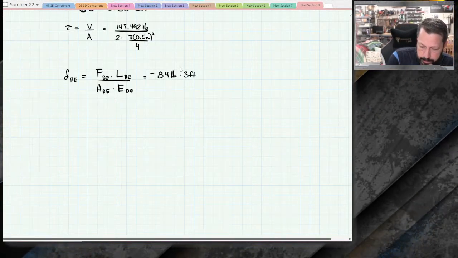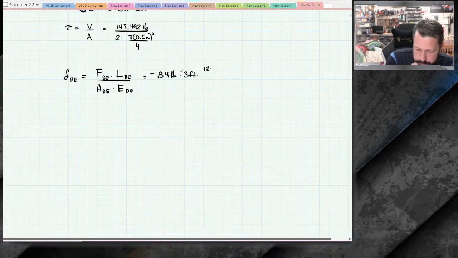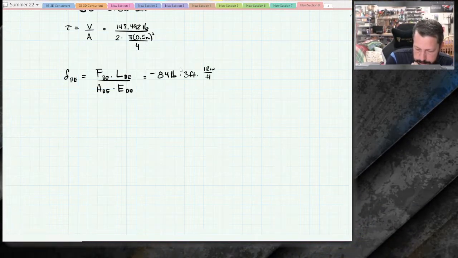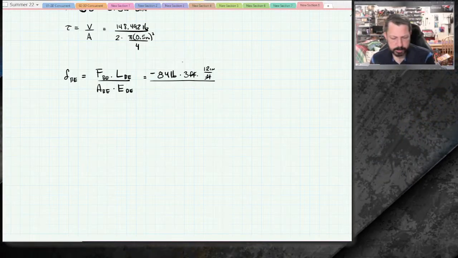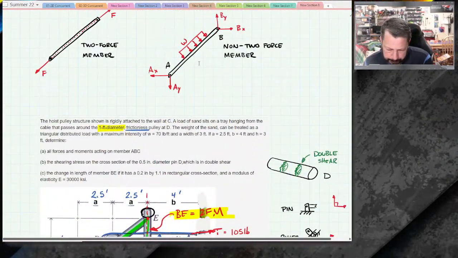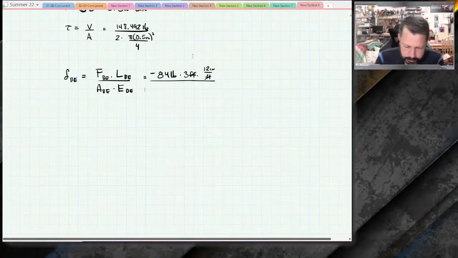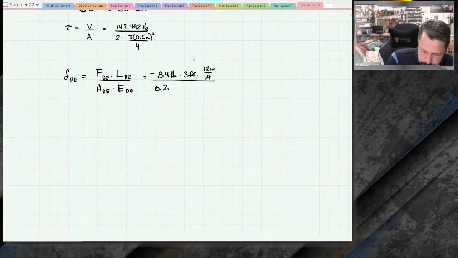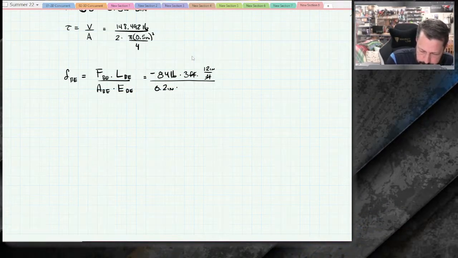Now, I want this to come out in inches, so I'm going to convert to inches right here. And then they gave us dimensions for its cross-sectional area being a rectangle. 0.2 by 1.1. So 0.2 inches times 1.1 inch.